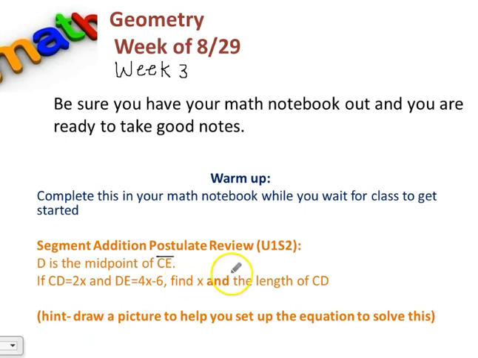First you're going to find x, then you're going to find the length of CD. So my hint to you as you get started on this is to draw a picture, get that visual. So draw a segment, plot the points in the correct places, then label the lengths of each, and that's going to help you get a good visual to solve this problem. So go ahead and click pause and work through that on your own, and when you're ready to check your work with mine, go ahead and click play.